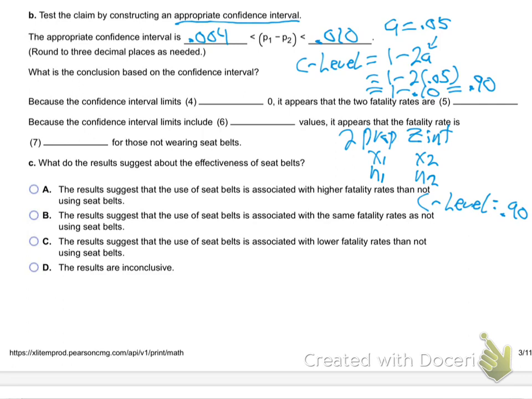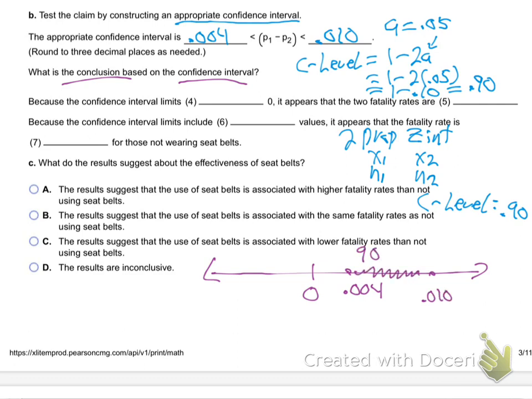All right, so what is the conclusion based on that confidence interval? Well, the whole issue is whether 0 is in the interval or not, right? Let's draw the interval. Here's 0. This interval goes from 0.004 to 0.010, so it's right there.